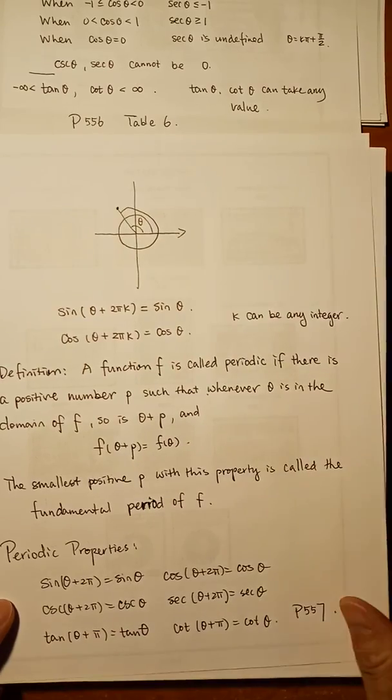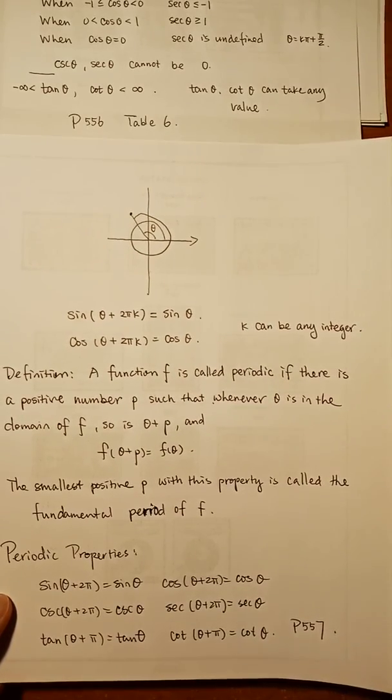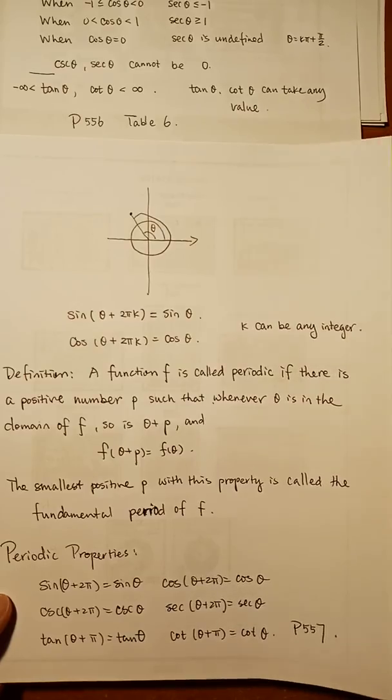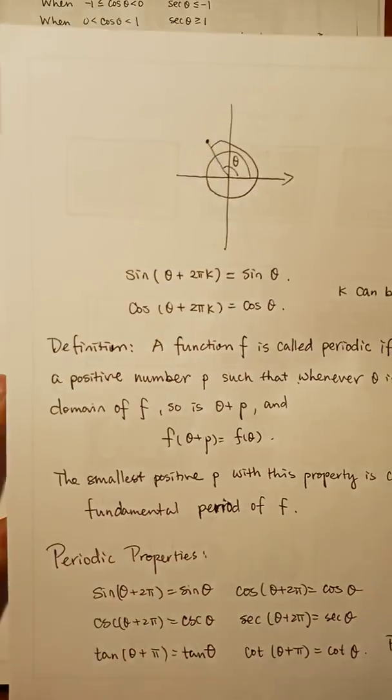When you know the periodic property for the trigonometric functions, you can easily determine the value for some large or weird angles.